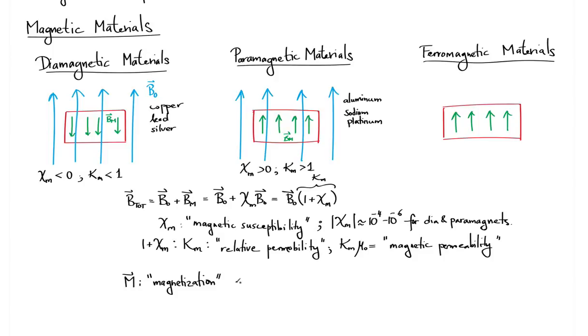So the magnetization of the material can be written as follows. B total is equal to B naught plus mu naught times M, right? So that mu naught times M was our B sub M. That was the magnetic field that was generated in the diamagnetic and paramagnetic materials.